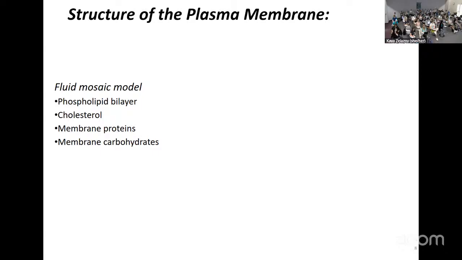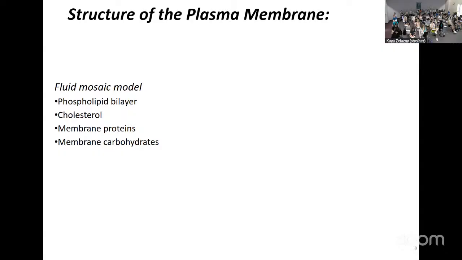So when we talk about the plasma membrane, the cell membrane, you may have heard this term, the fluid mosaic model. So the fluid mosaic model, meaning that our membranes are mosaic. So we have different pieces, right? We're imagining different tiles of different colors. This is because we've got phospholipids in there. We've got cholesterol, which is a type of lipid as well, a steroid.